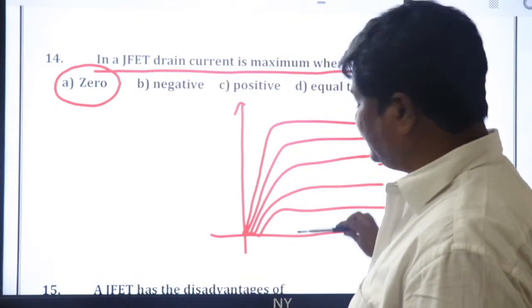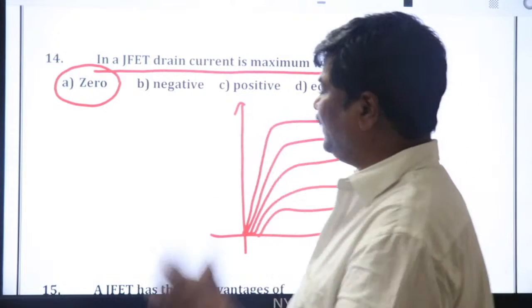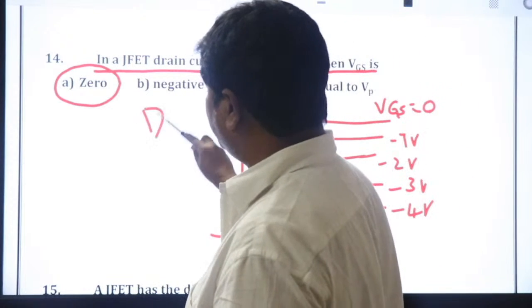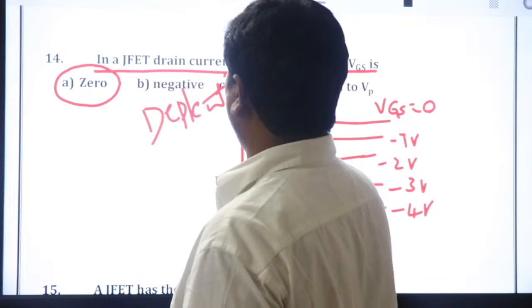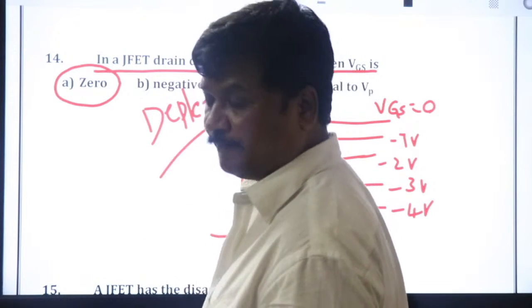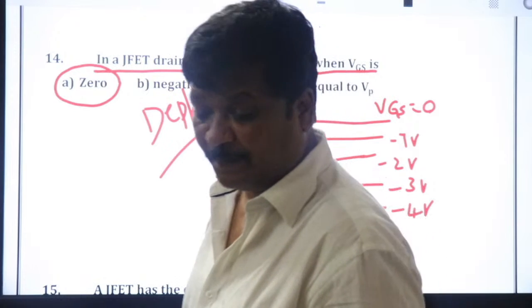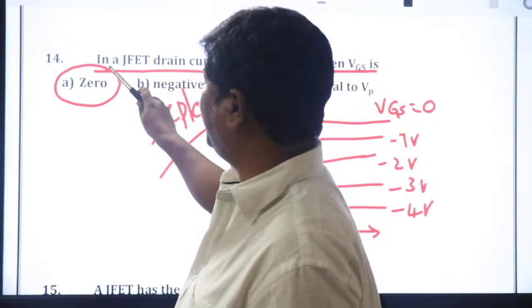Your drain current is decreasing because JFET operates in depletion mode. Only decreasing current is possible, not increasing. It's a depletion mode of operation. Answer is 0.